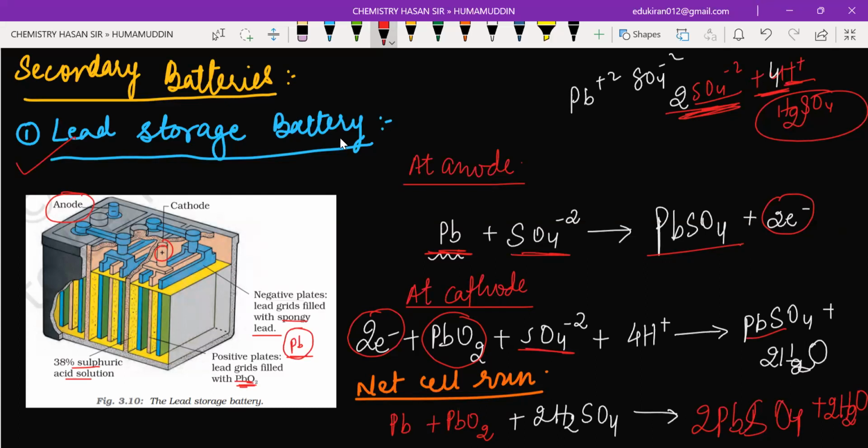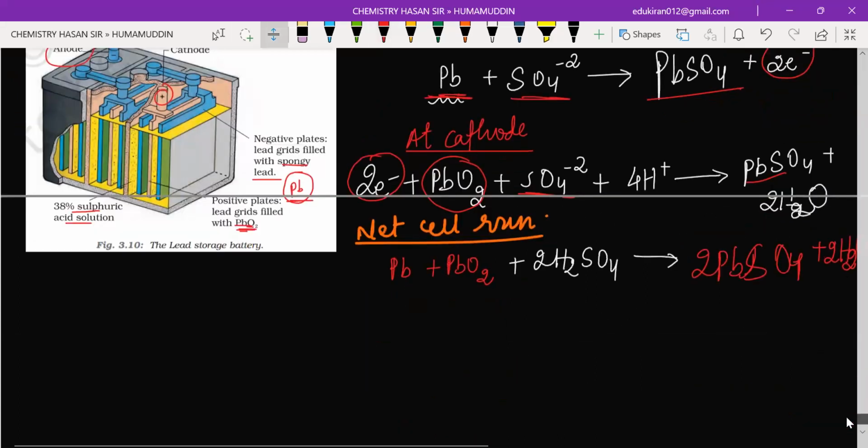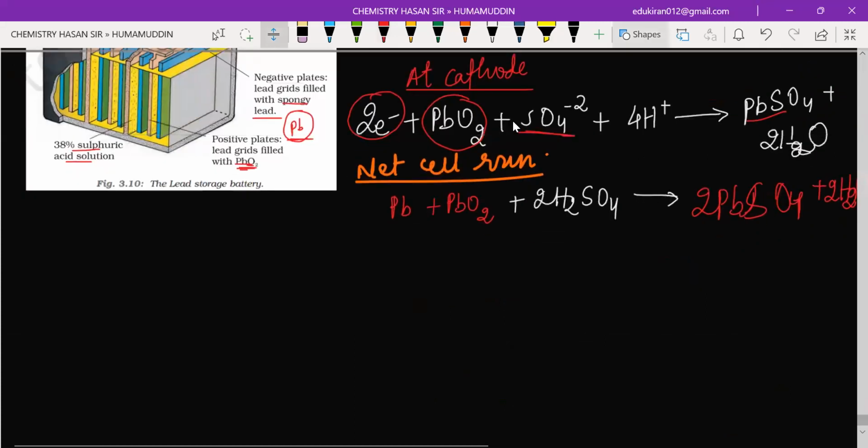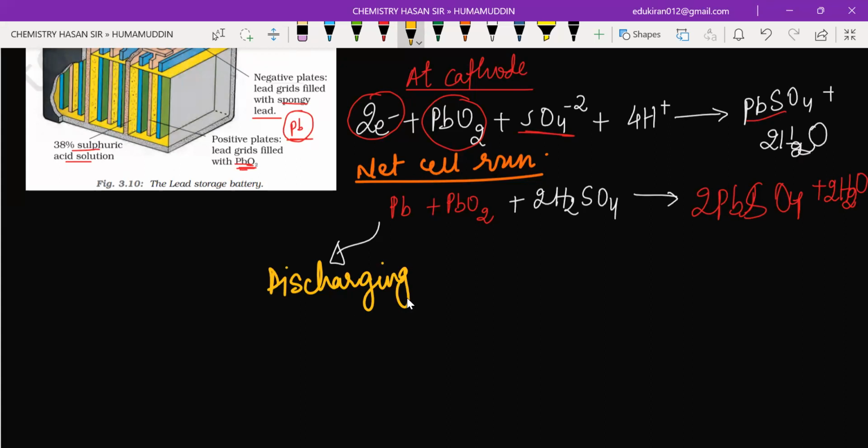Very good. Now see, since this battery is chargeable, you can charge it. The reaction that we have written is your discharging reaction, when you are using it. So this is your discharging reaction. Now, what if you want to write the charging reaction? You just need to reverse the equation.